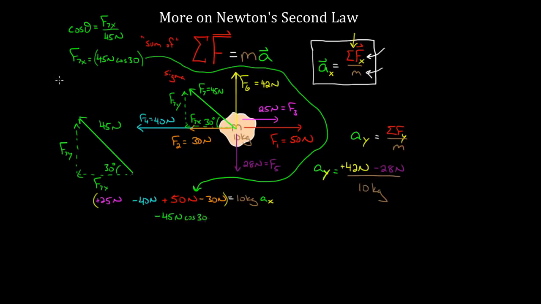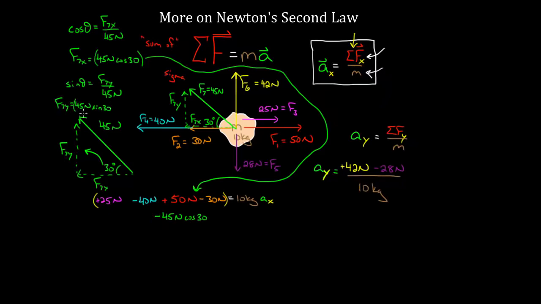And now for the y direction, we can use the definition of sine of theta. Sine of theta is the opposite over the hypotenuse. In this case, the opposite is F7 in the y direction, over the hypotenuse, which is the total vector, the magnitude of 45 newtons. So we get that F7 in the y direction is going to be 45 newtons times sine of 30 degrees.